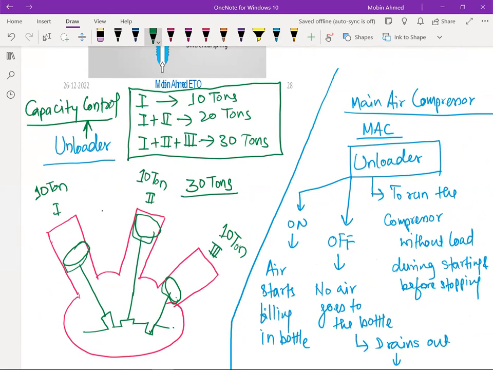Got it? Understood? Yes, sir. This is the refrigerant compressor unloader, whereas that is the main air compressor. So the role of this unloader is totally different.